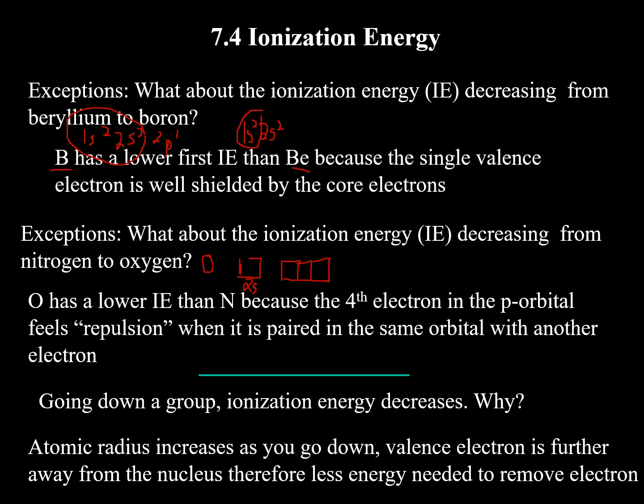So put in the arrows, 1, 2, 3, and I'll do the fourth one here in yellow. And we compare that to nitrogen. The nitrogen is 1s2, 2s2, 2p3.